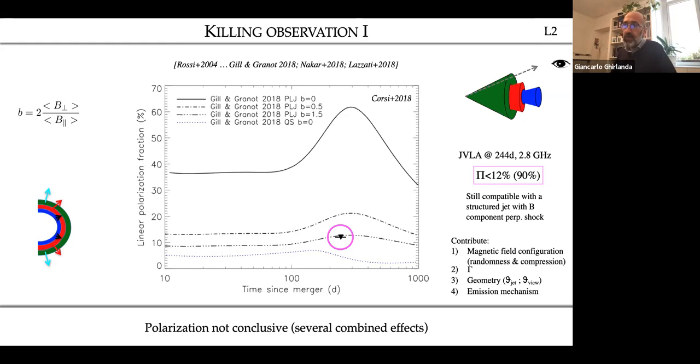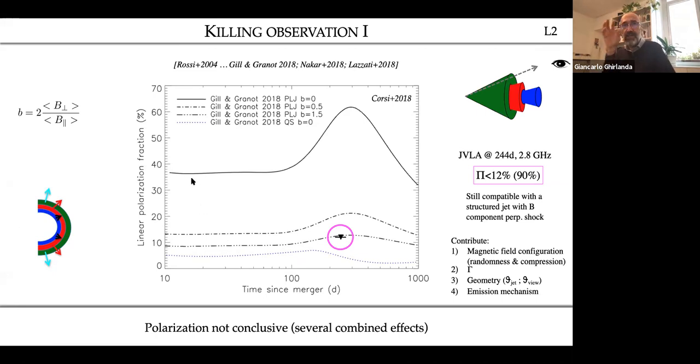So in general, you can think very naively that for a more isotropic, or wide angle emitting surface, like in the case of the shock jet, the polarized fraction of the light should be quite low.